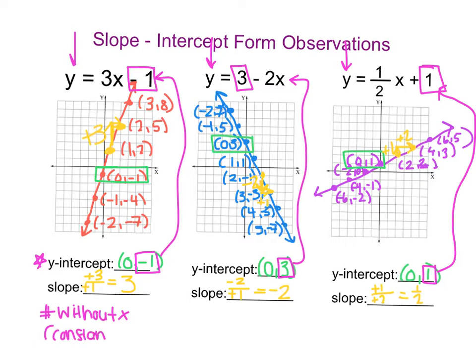If we have this written in y equals form, the number without the x, or the constant value, is our y-intercept point, which is kind of cool. If we have it written in y equals form, which is function form, we can just look at that equation and immediately identify our y-intercept. It's a nice, easy little trick.